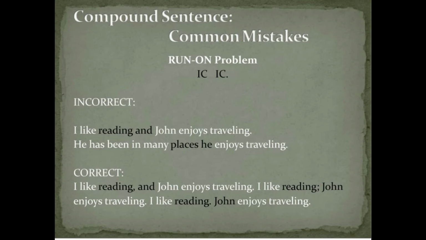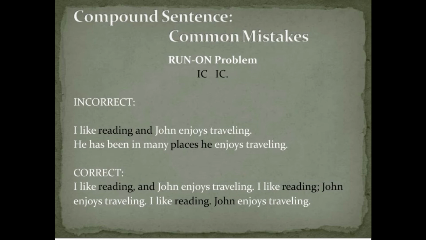There's no punctuation at all. For example, I like reading and John enjoys traveling. Two independent clauses, I like reading, John enjoys traveling, are only connected with Fanboys and no punctuation. We call it a run-on. To correct this mistake, you simply need to put a comma after reading.